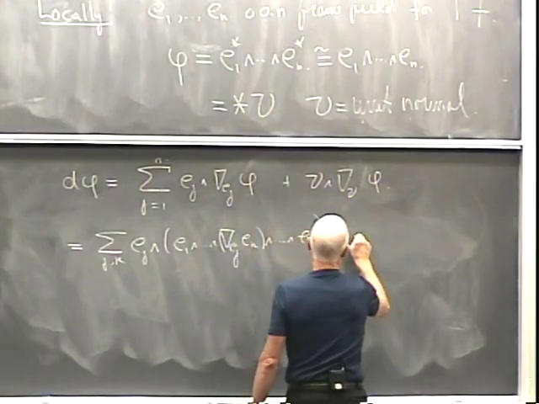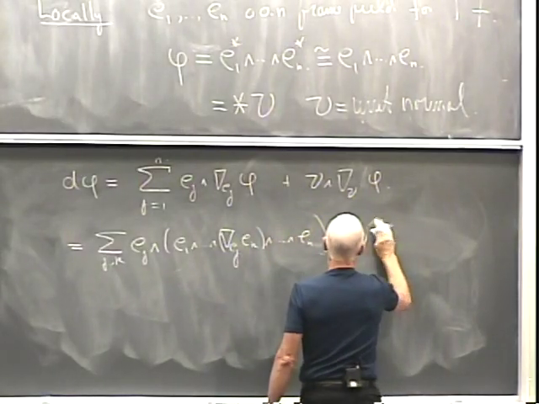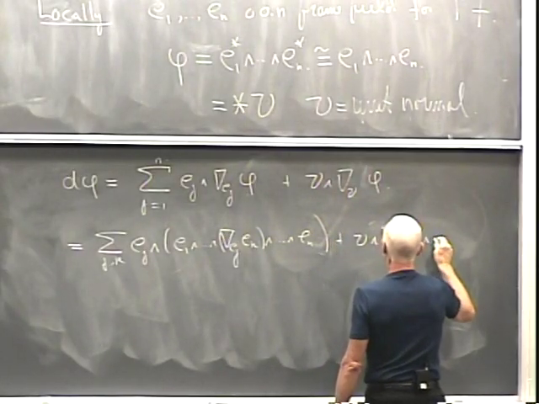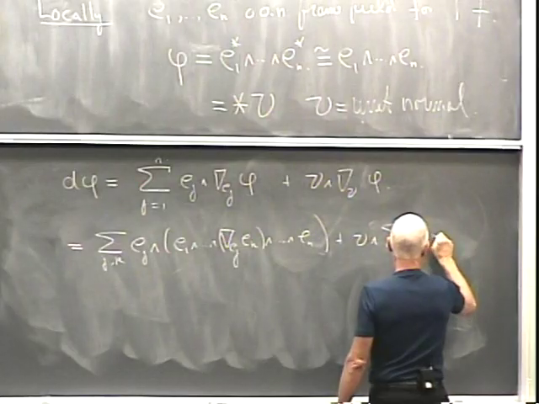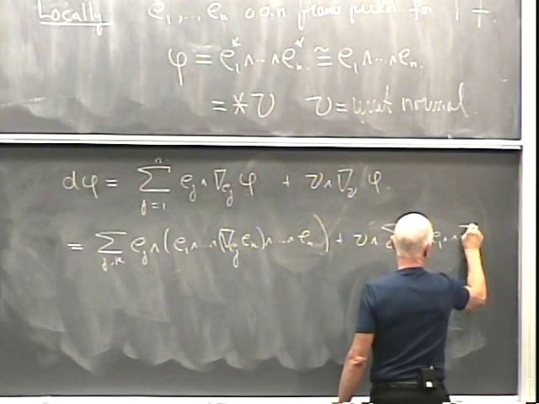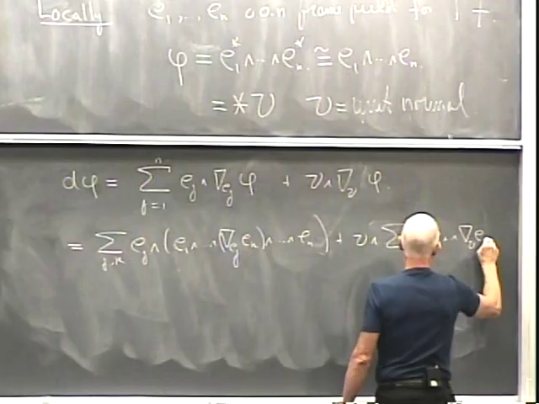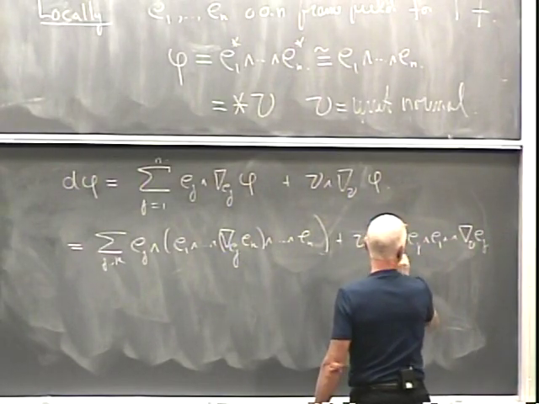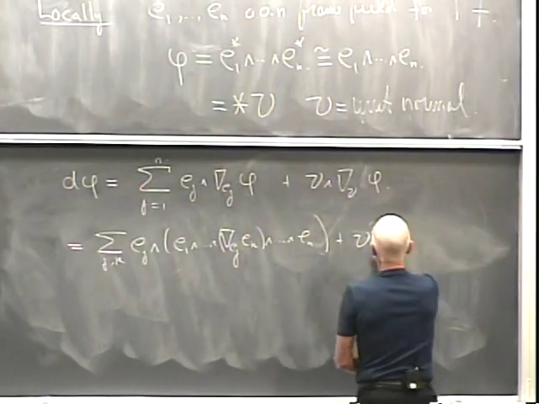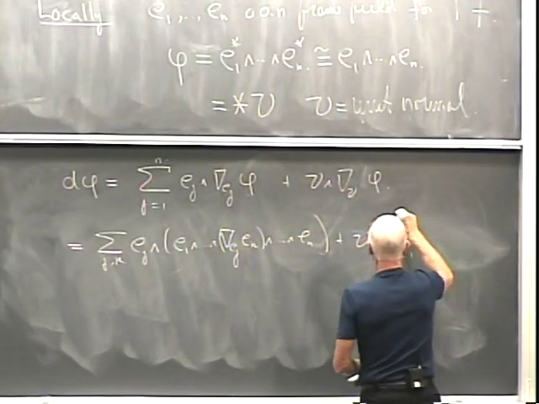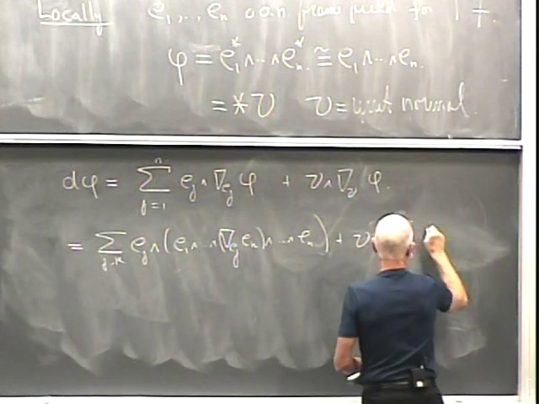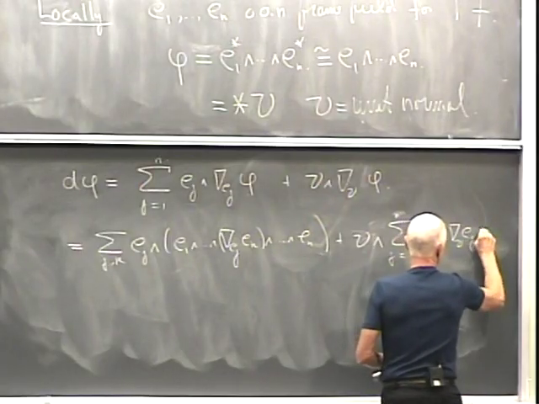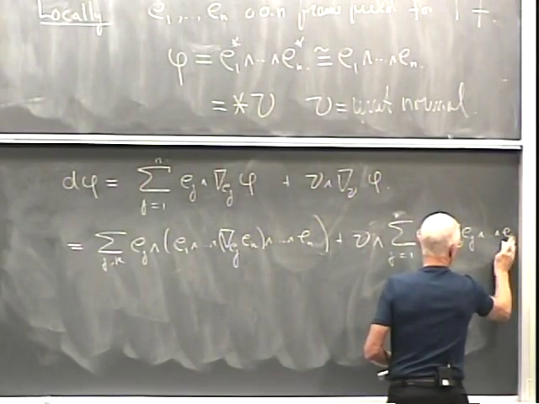And here I get nu wedge the sum j equals 1 to n of E1, and then here we get the derivative of the jth term up to En.